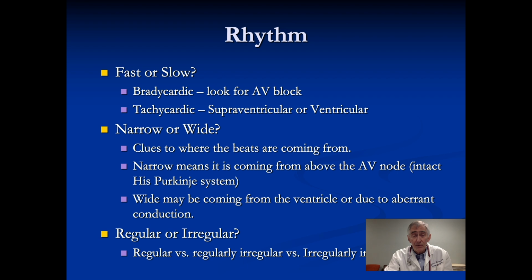Sometimes if we have a fast rate and it's regular, it doesn't have to be sinus tachycardia. It can be many other things: AV nodal reentrant tachycardia, atrial flutter, all of these. So regularity, whether it's narrow or wide, and whether it's fast or slow, are the big things to look at on the EKG.